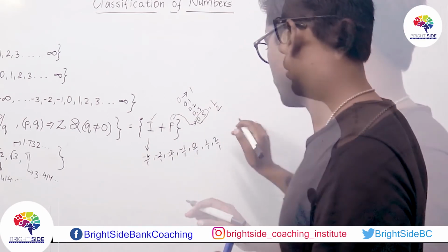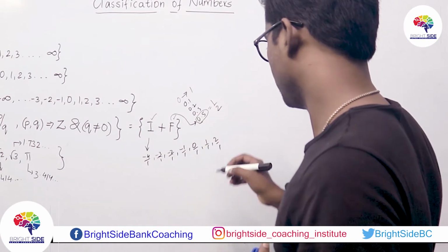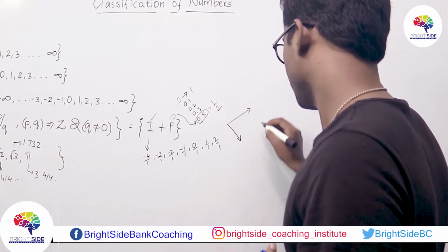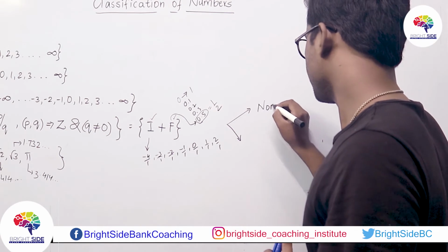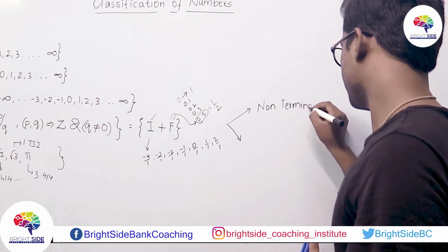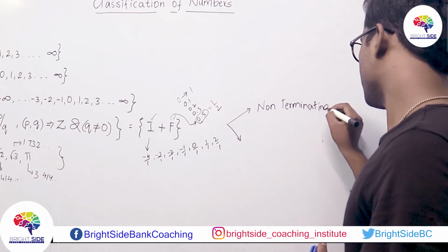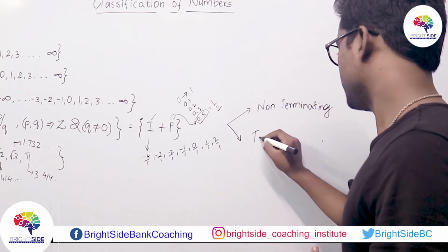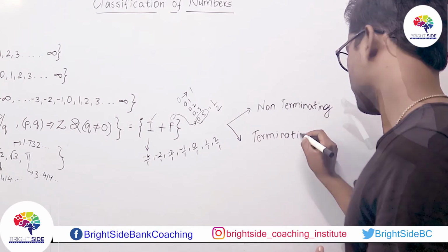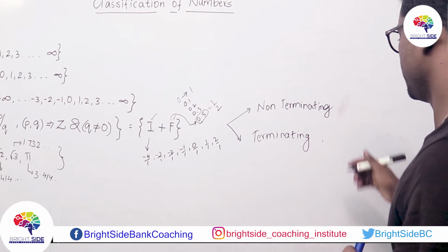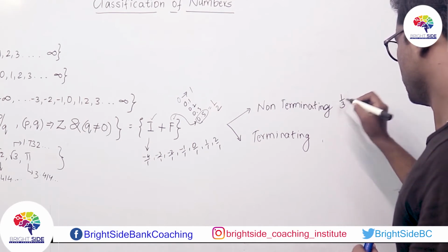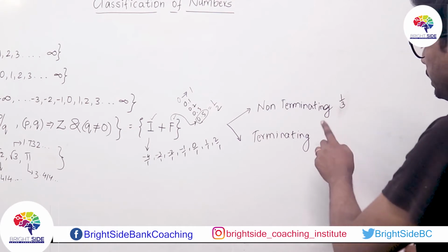We have two types of rational numbers: non-terminating rational numbers and terminating rational numbers. Let us take an example for non-terminating numbers. 1 by 3 is a non-terminating rational number.